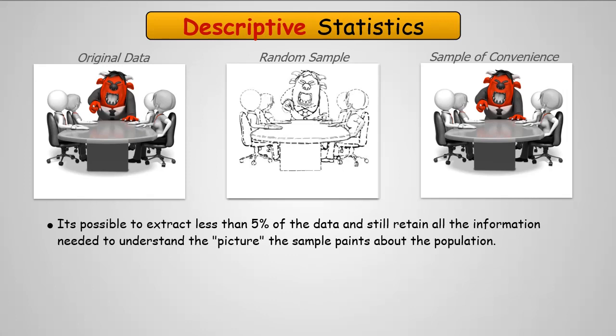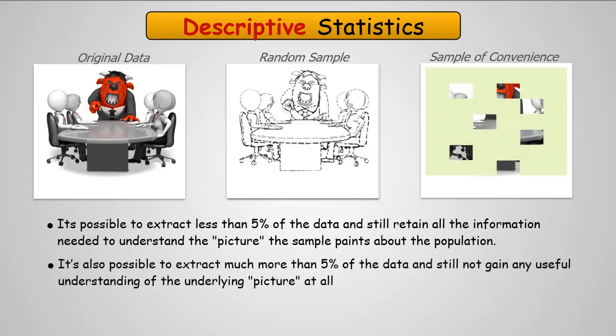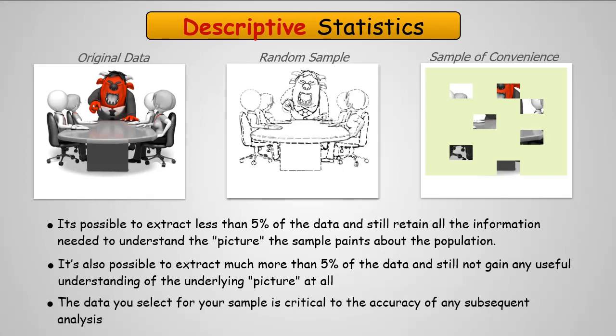But in the sample to the right, which I call the sample of convenience, you can see that it's possible to extract much more than 5% of the picture, retaining all sorts of data and still not gaining any useful information into the underlying picture. This is a critical difference between random sampling and what we refer to as a sample of convenience, where you just take the data that's available to you.